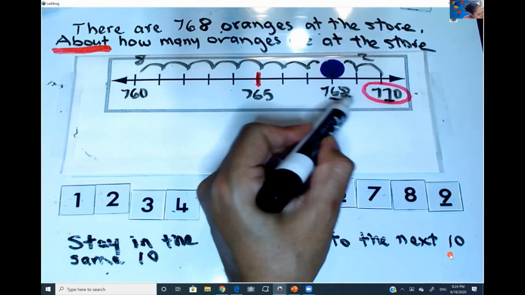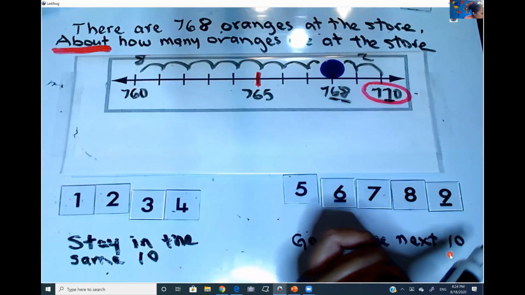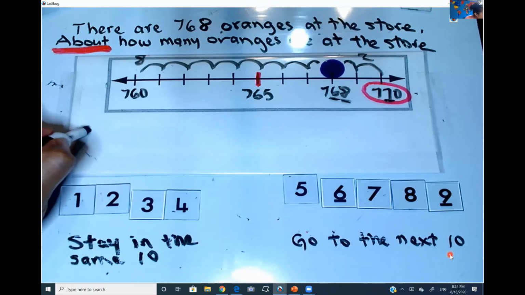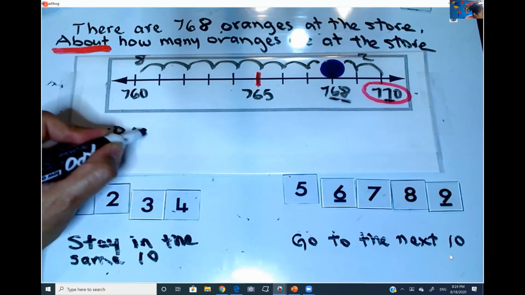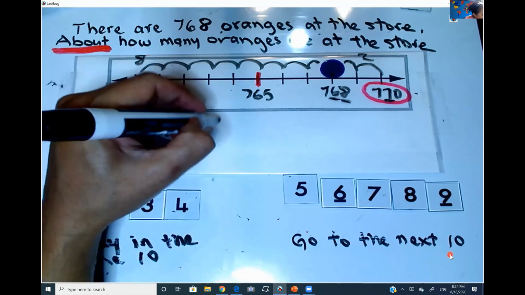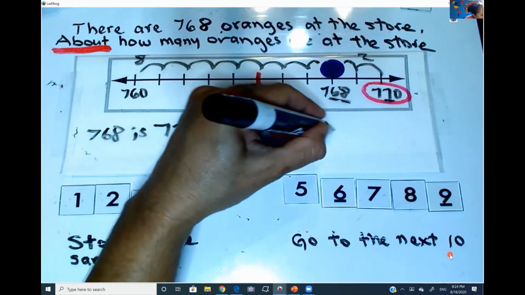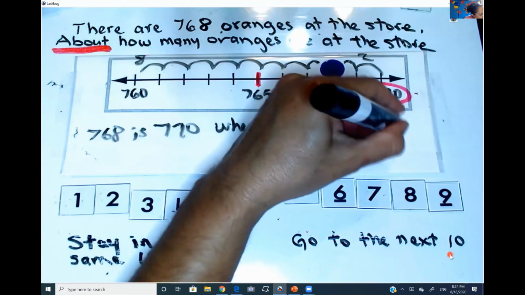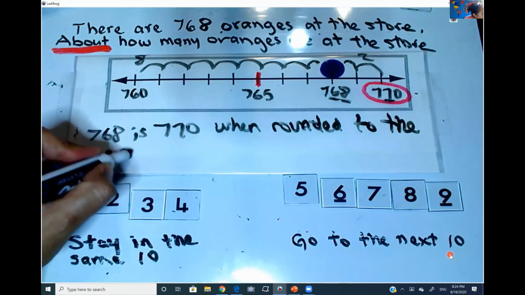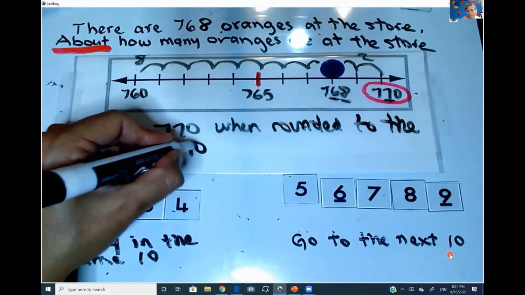And the 8 is going to round to the 0. So I can tell that 768 is 770 when rounded to the nearest 10.